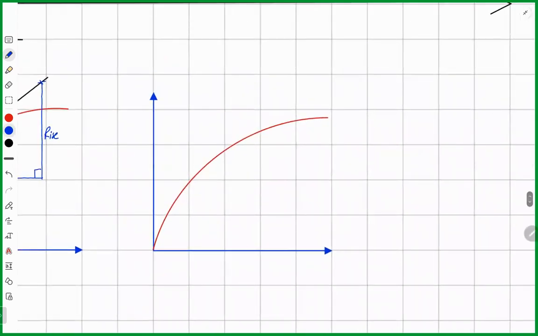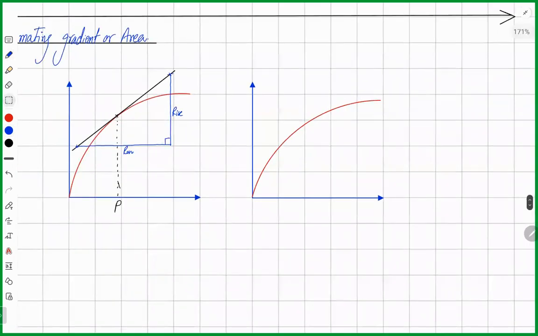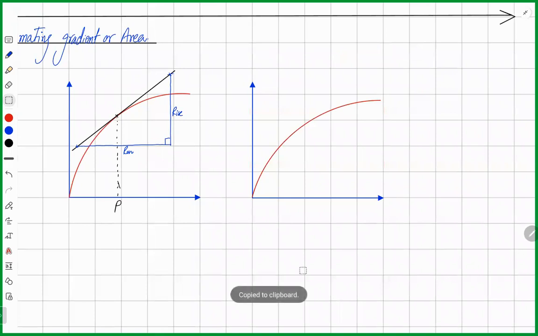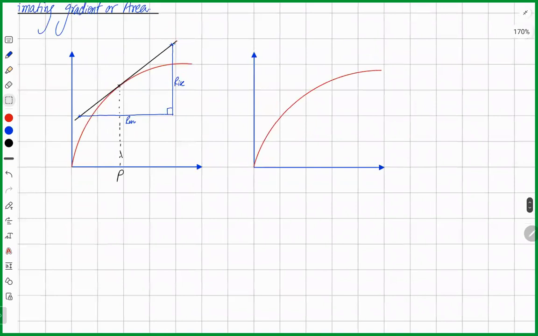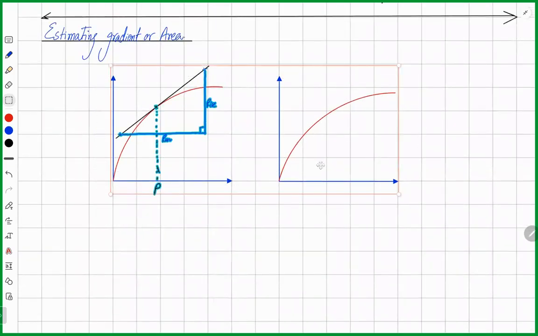Here is another thing. What if we have to find area under the graph? Now, how can we find area? We'll make a tangent again.